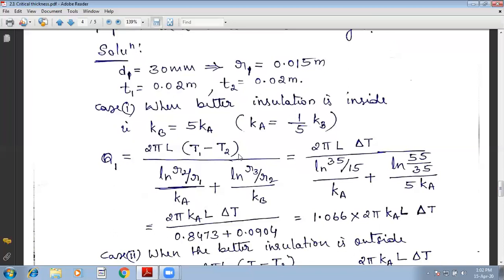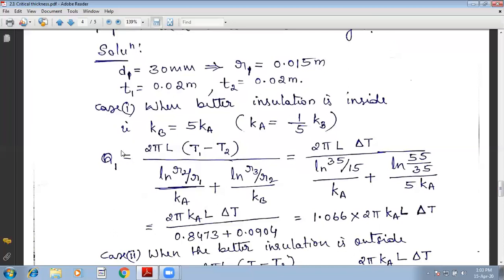Similarly, R3 is equals to R2 plus T2, which gives 0.035 plus 0.02, 0.055 meters. I hope that is clear to you.